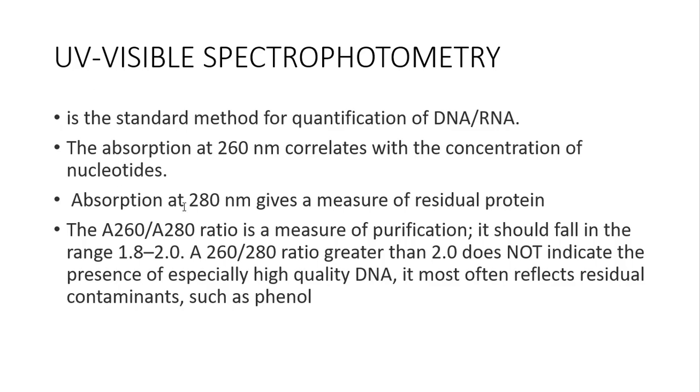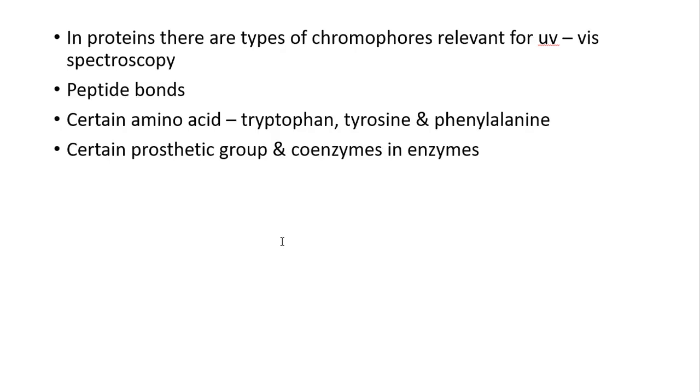As a purification measure, pure DNA shows a ratio of 1.8 to 2.0. If the ratio goes beyond 2.0, that means your DNA has been contaminated, either with phenol or also with proteins. Basically, it shows the contaminants.